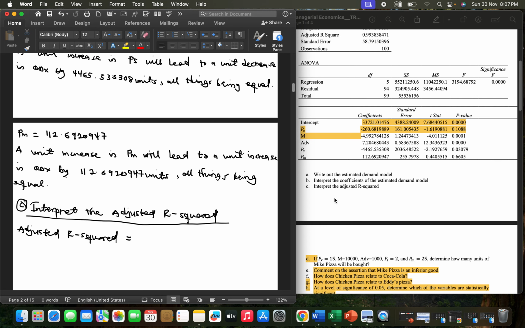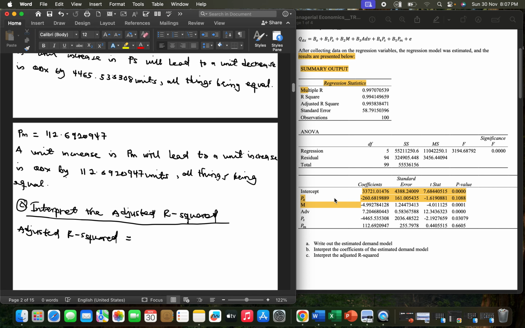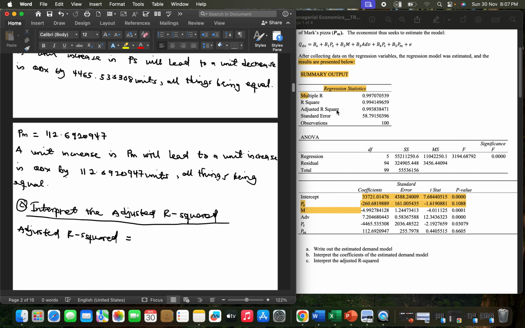When we come to the question, it was given, adjusted R squared from the side.